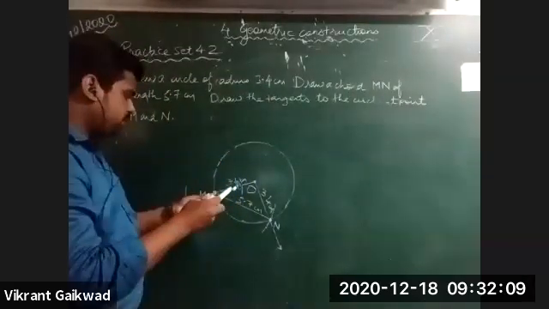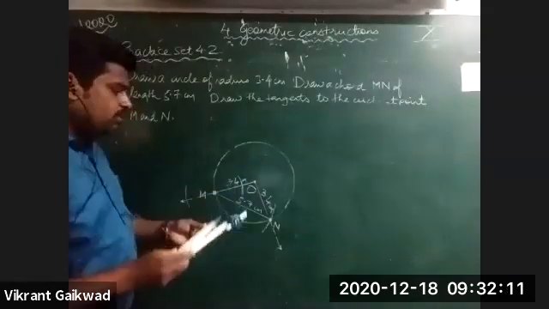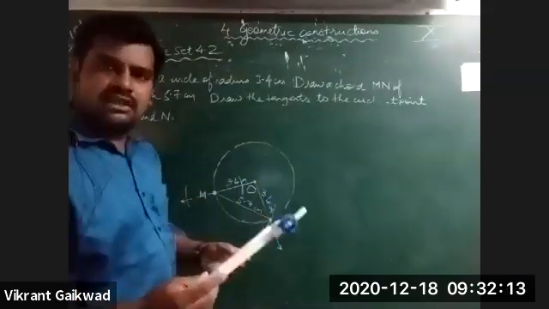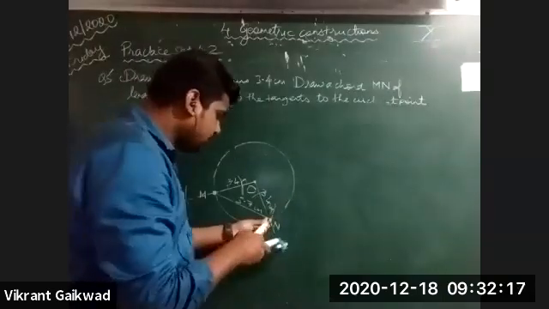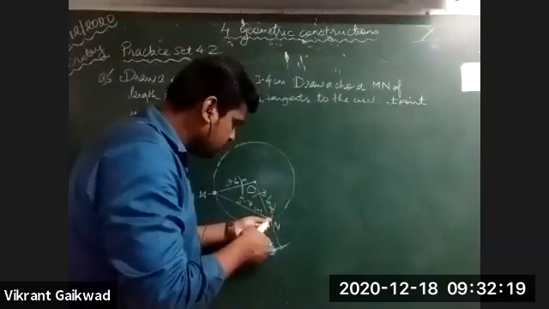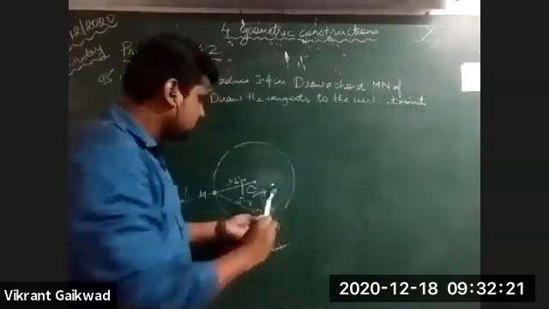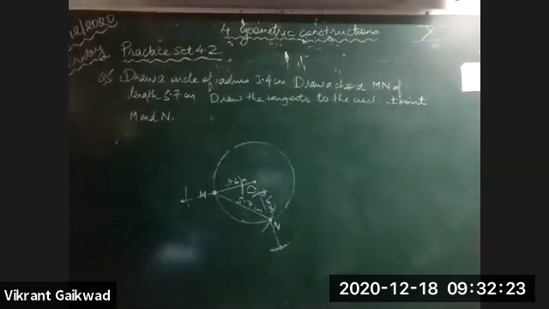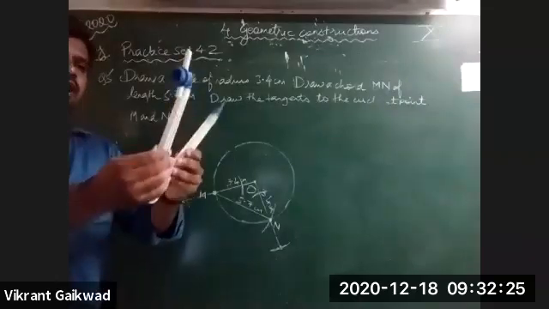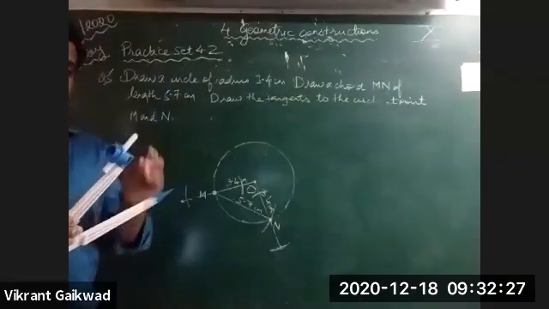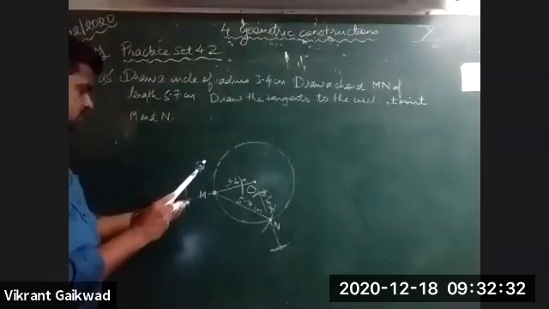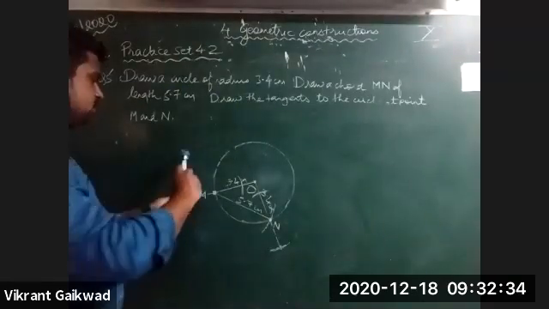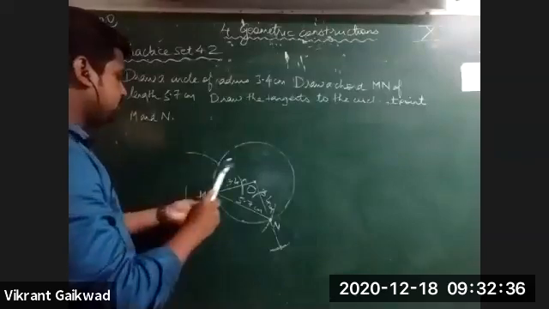I'll keep the same distance, and from point N, check. Is this clear to all? After that, I'll extend the distance, just increase the distance on my rounder. From point M, I'll cut two arcs above the line.